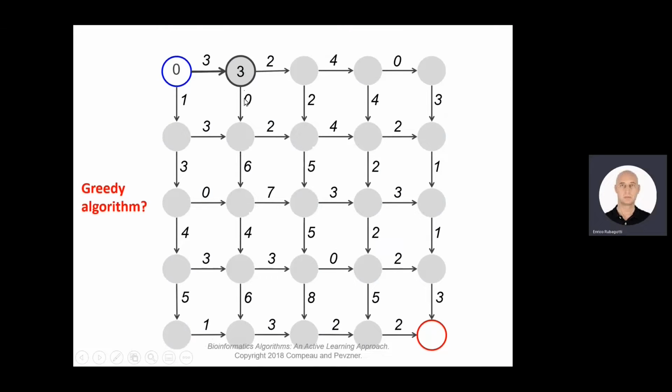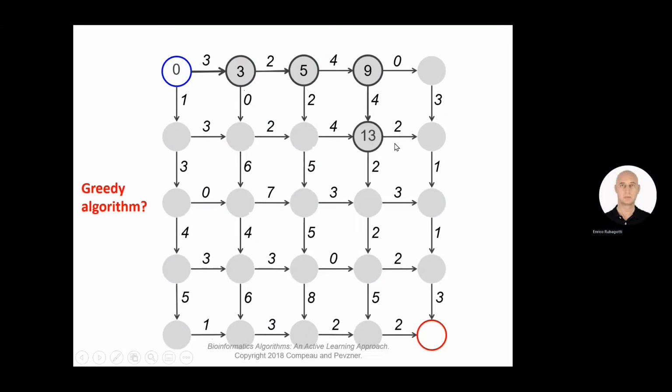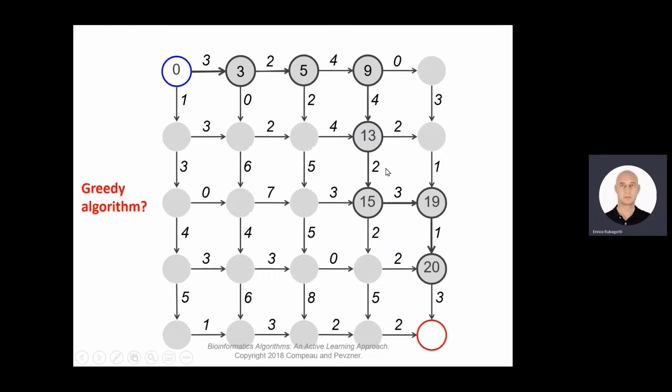Here I can select between 0 and 2, and I select 2. Here between 4 and 2 I'm going to select 4. Here between 0 and 4, 4 again. 2 and 2, I select 1 randomly. 3 and 2, I select 3, and we go forward.